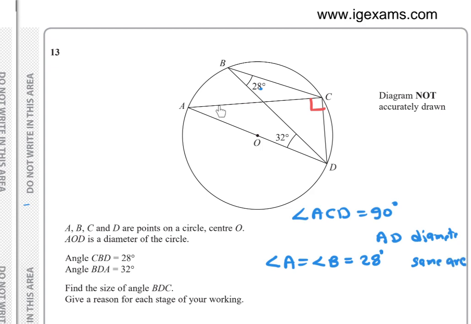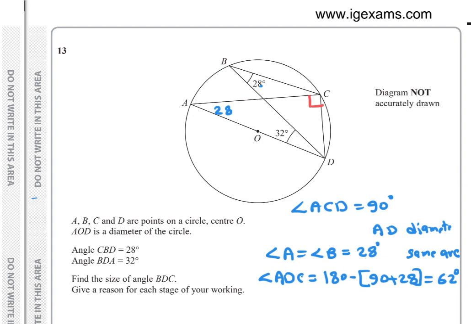Now this angle is 28. If this angle is 28 and this is 90, you can find this one, the whole one, angle ADC. So angle ADC equals 180 minus (90 plus 28) equals 62 degrees.